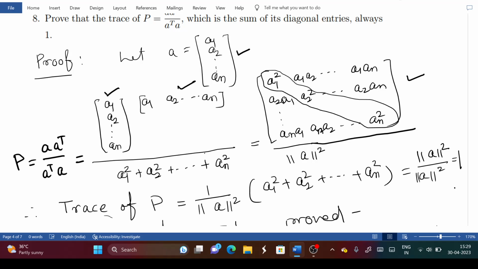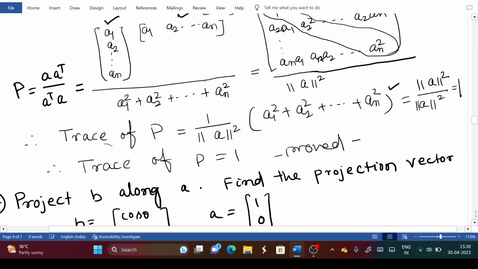The diagonal element sum is A1 square by norm of A square, A2 square by norm of A square. Likewise, every term is divided by this, and that I have taken common. So it is A1 square plus A2 square and so on up to AN square, which is nothing but the whole length of A square. Length of A square by length of A square is equal to 1. Hence we have proved that trace of P is equal to 1.